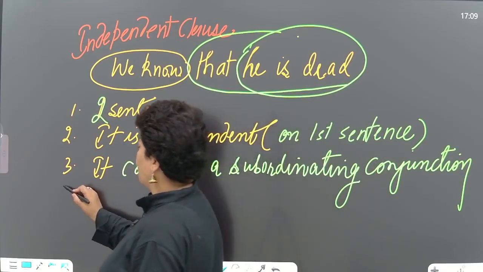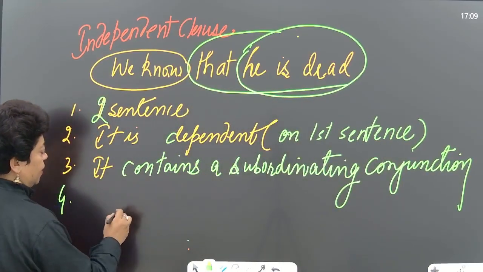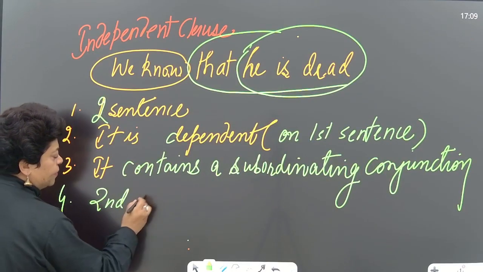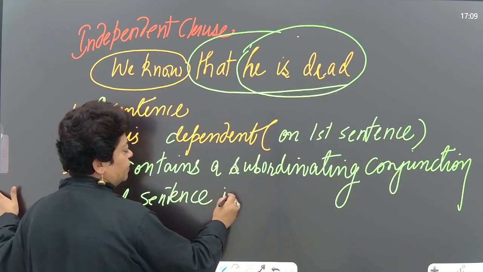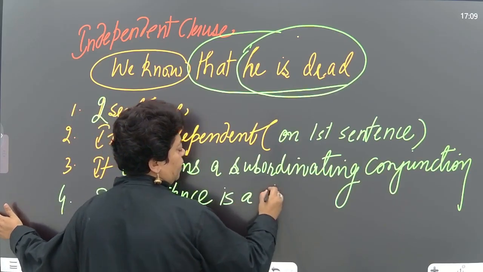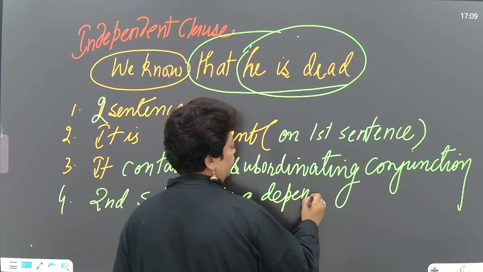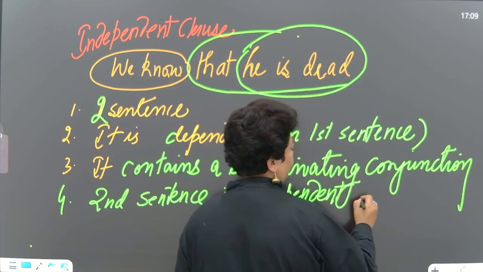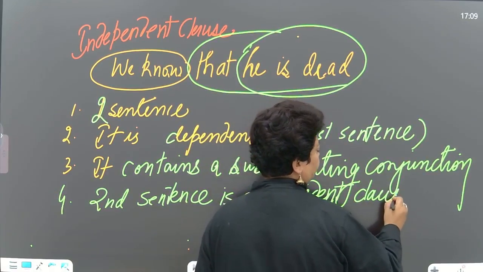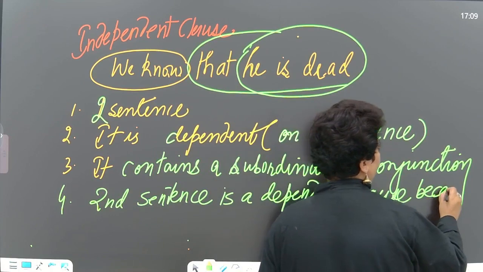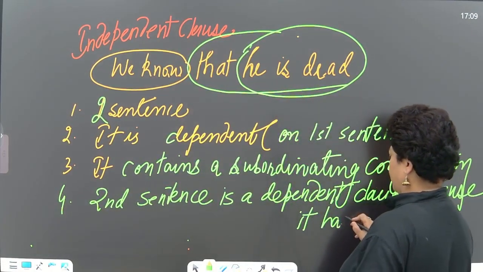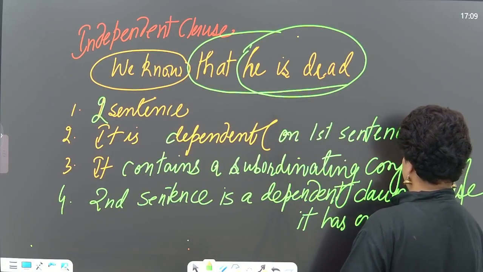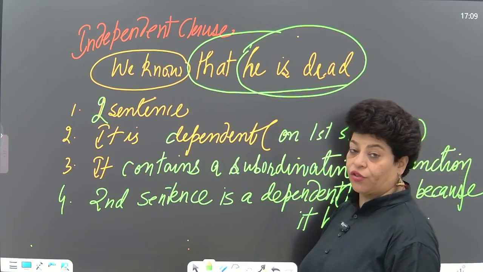Now, I add one more point here. Second sentence is a dependent clause because it has one SC, subordinating conjunction.